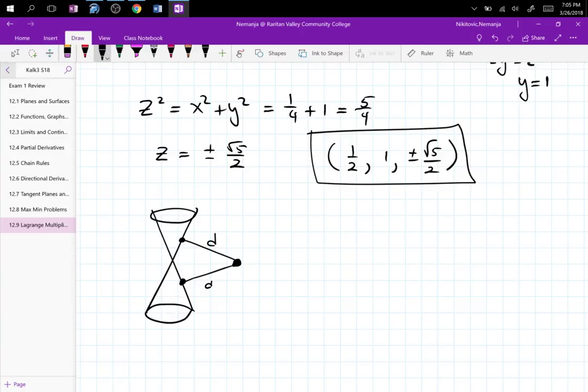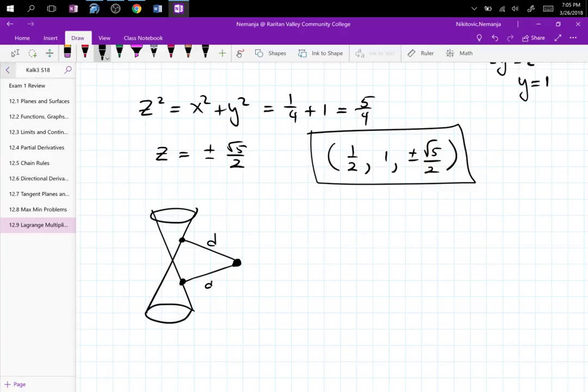Those are the points, and then you actually have to go and compute the minimum distance. If the question is asking what is the minimum distance, well, you just found the point that connects to the point that you want. So now to find the minimum distance, you have 2 points. Pick either plus or minus; it doesn't matter.